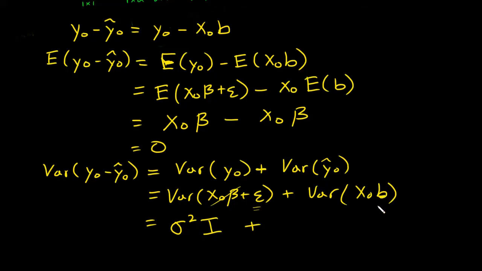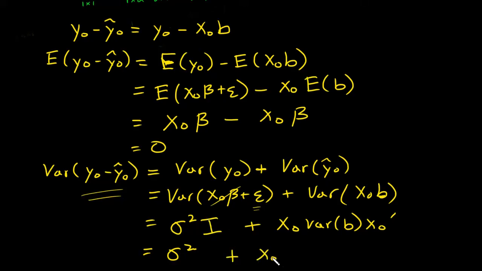B is random, so I can pull this out as x naught times the variance of b times x naught transpose. I have the sigma squared, and remember this is a scalar, so the I is basically multiplied by 1 and I can drop it.